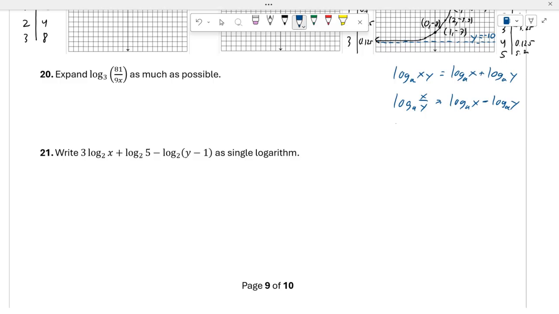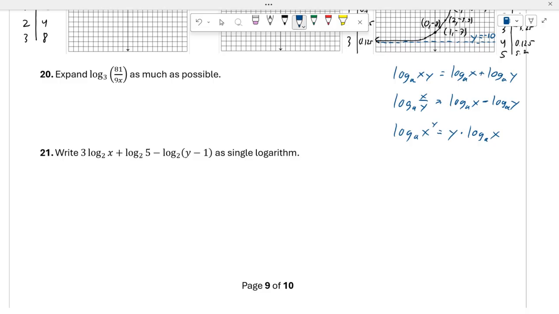And then lastly, we have something called the power rule. When you have the log with base a of something being raised to an exponent, that is equivalent to taking that exponent and sliding it down in front of the logarithm as a coefficient.